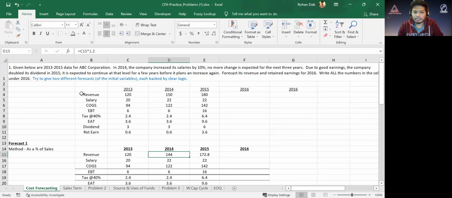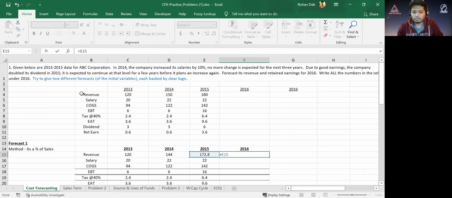So you can see that there is a growth of 20% each year. So what you'll do is equal to this into 1.2. So it will give you a 20% growth in the next year. So you have to figure out from the question what is the pattern of revenue.